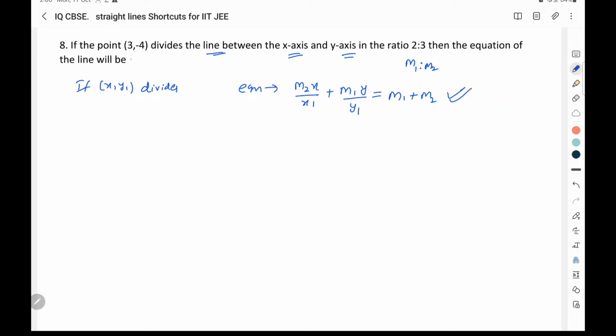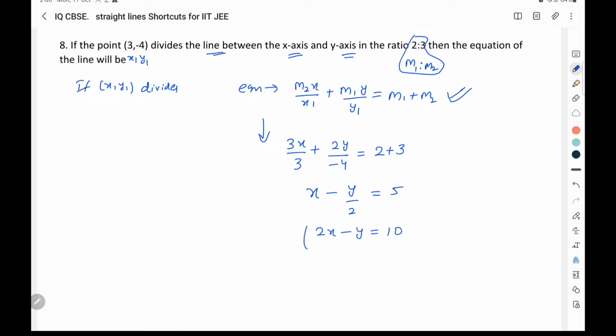So here we already know x1, y1, m1 and m2. We are just going to substitute. So 3x/3 + 2y/(-4) = 2 + 3. That is x - y/2 = 5. Taking the LCM, 2x - y = 10. That's it.